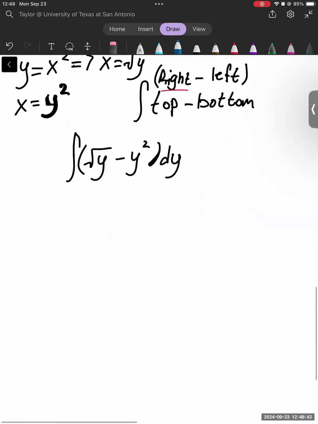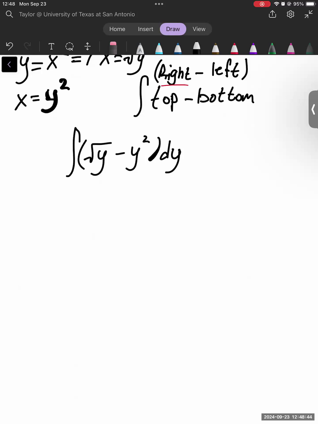Nice. All right. So now, what is this expression? Evaluating this integral, what do I get for this term?